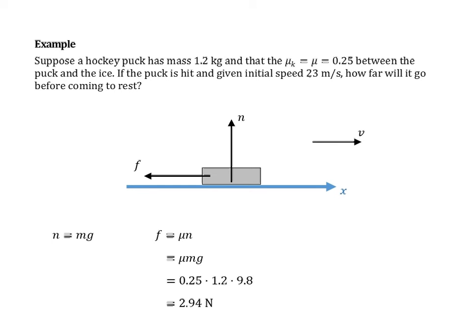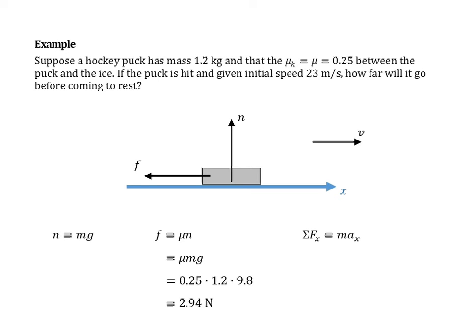Next, well, let's take a look at net force equals mass times acceleration, Newton's second law. Here the motion is in the horizontal, so we really just need the net force x component equals the mass times the acceleration x component. But in the horizontal, the only force acting on the puck is the friction force, and it's acting to the left.